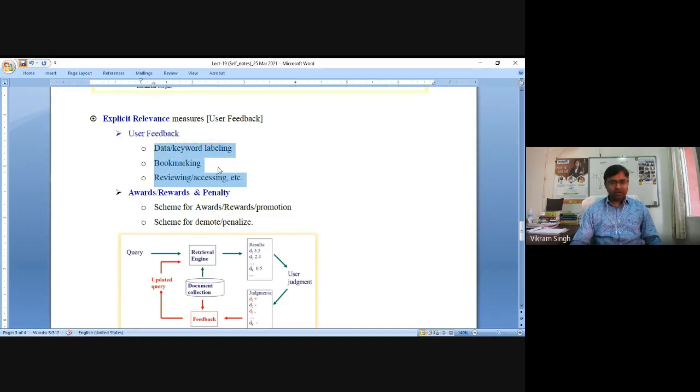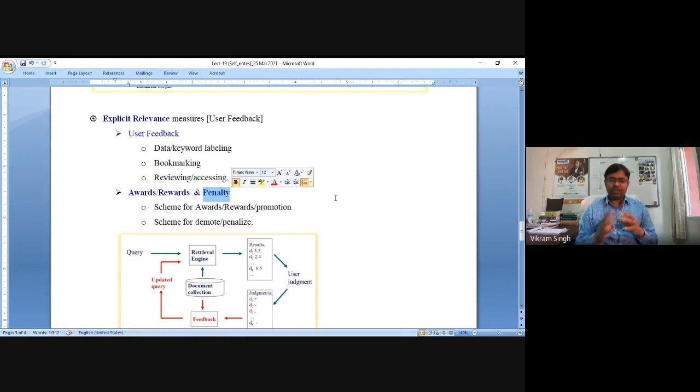Or you can always provide a feature to directly operate on. Naturally, whatever actions the user performs on the interface, in the background, at the algorithmic level, you should have these two schemes to take care of these explicit relevance measures. You should have an algorithm or a small model to take care of these feedbacks in the form of rewards and penalties to the results.